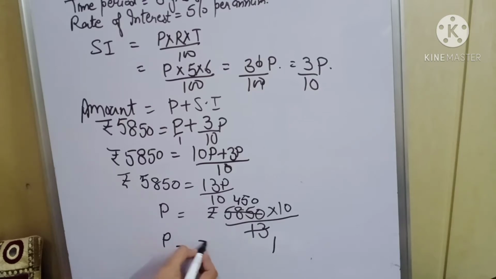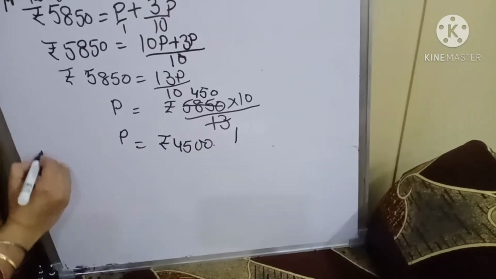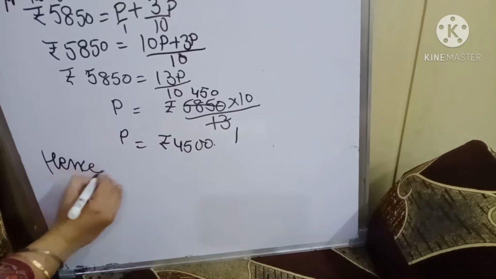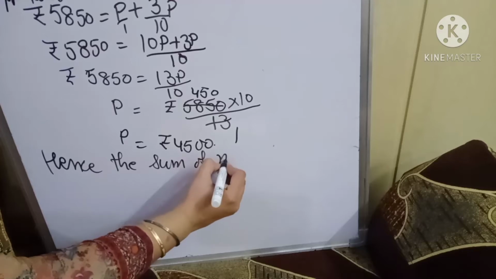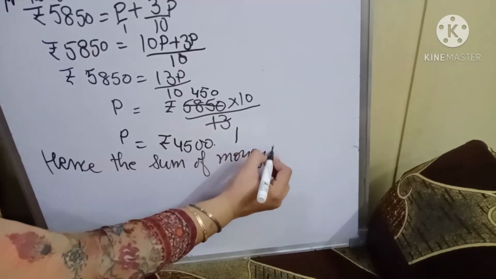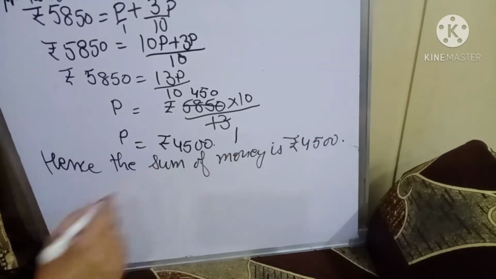So what is the principal? Rupees 4,500. Hence the sum of money is rupees 4,500.